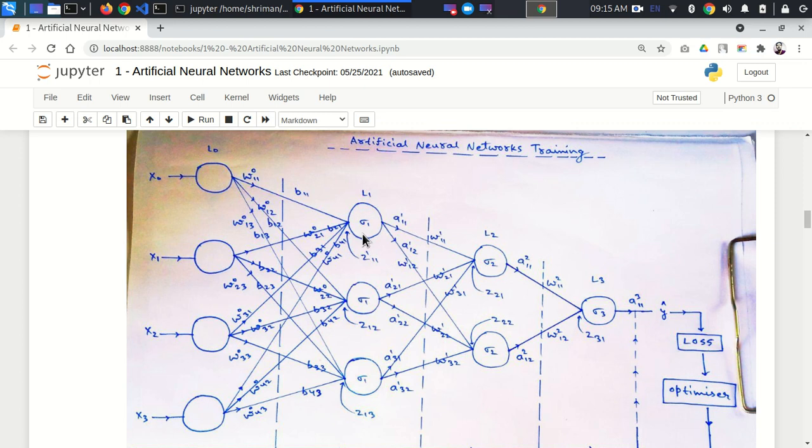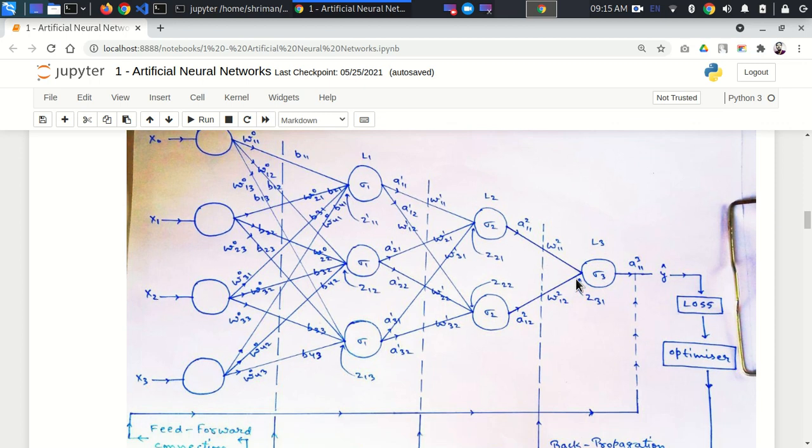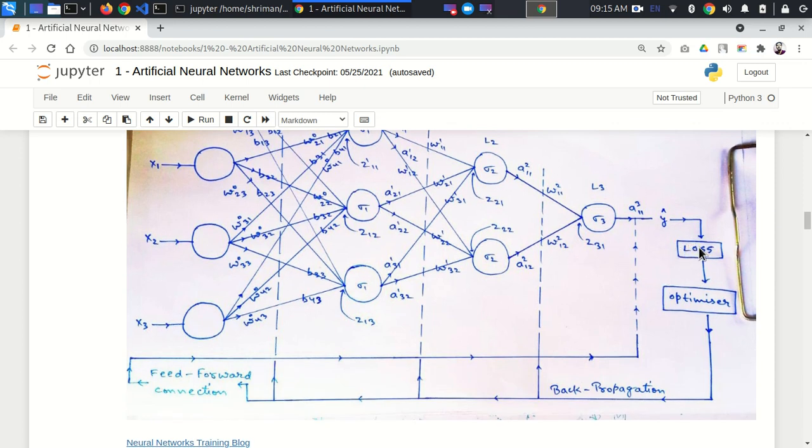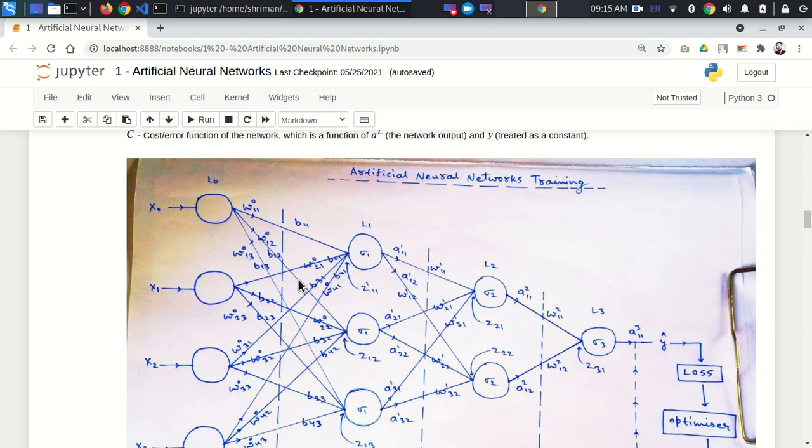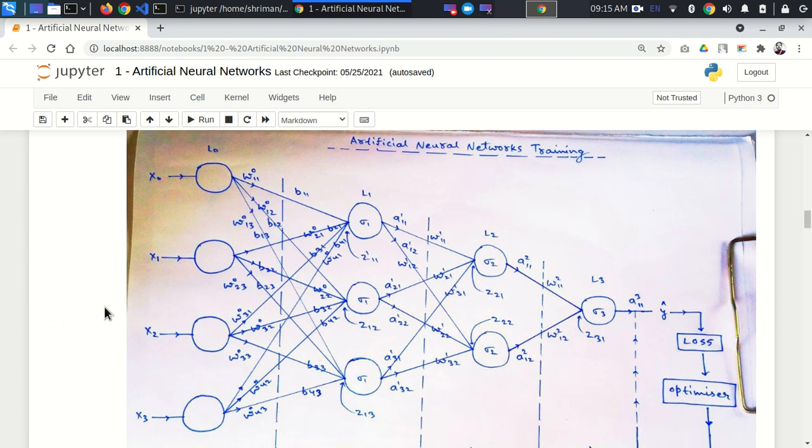So see, actually what is happening: in the very first place we have assigned some random numbers, right? In the very first epoch, in the very first iteration, everything will get passed, nothing will happen. Then after calculating the loss, we will update each and every parameter. Now with the updated parameters, we will do the feed forward connection again.